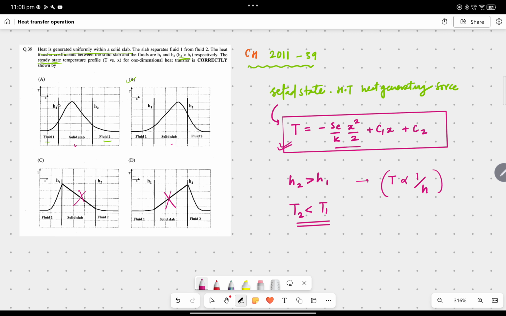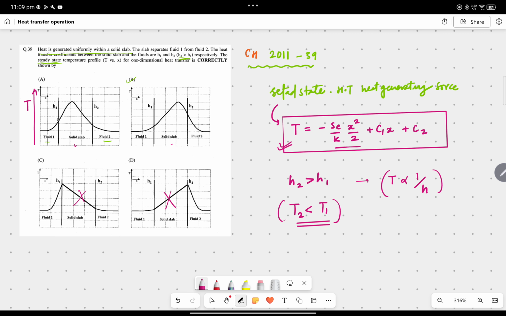So this is the y-axis, and the y-axis represents temperature. That means here the temperature is larger and here the temperature is lesser. By this relation, T1, corresponding to H1, has to be larger than T2.